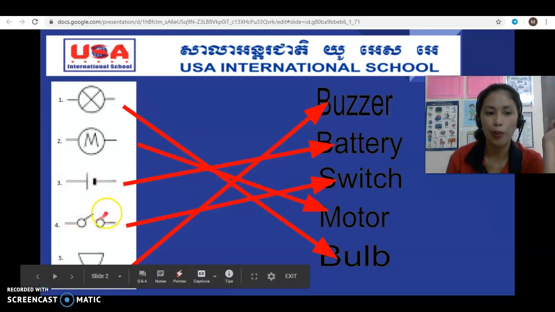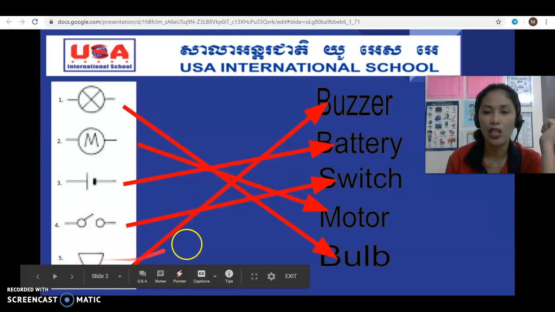This one is an open circuit. It means that when the switch is off, it looks like this, right? It's off because there is a gap. The electricity cannot go through because there's a gap, it's open, it's not closed, right?